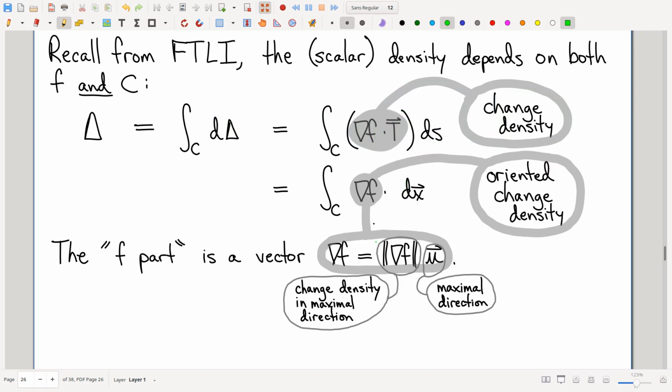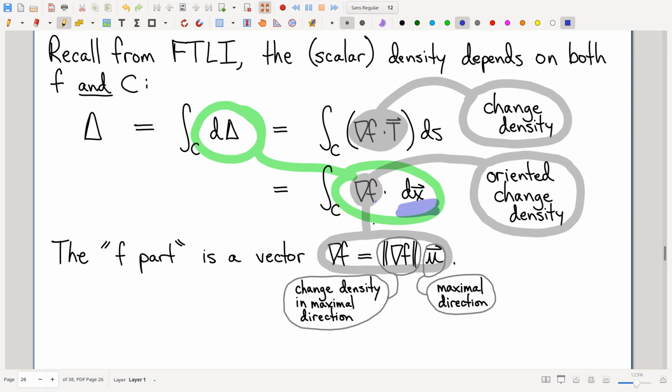And having written it like that, that makes you want to ask, how should I interpret this equation? The idea being that dx is, I'm going to call it an oriented size, because its magnitude is literally the size. Its magnitude is ds. The magnitude is the size, but it also has a direction, namely the orientation, t.